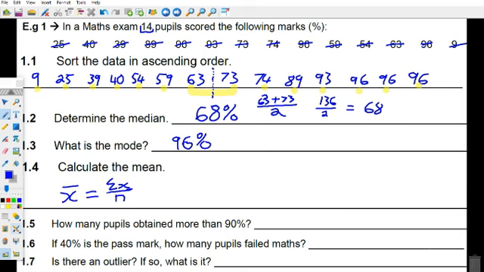Okay, so we say 9 plus 25 plus 39, 40, 54, 59, 63, 73, 74, 89, 93, 96, 96, 96.